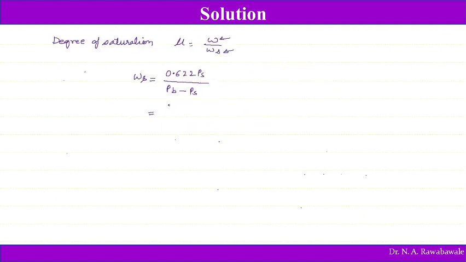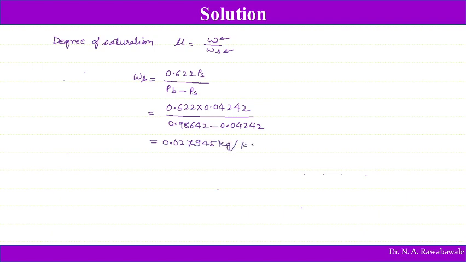So here, 0.622 into 0.04242, which is the PS value, divided by PB, which is 0.98642, minus 0.04242. So we get omega s, that is 0.027945 kg per kg of dry air.